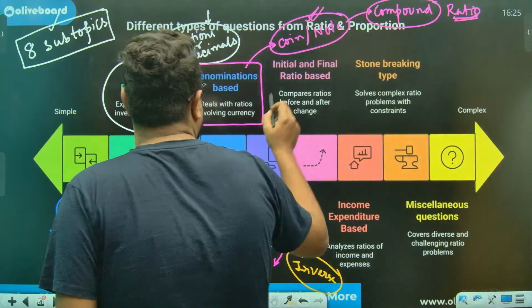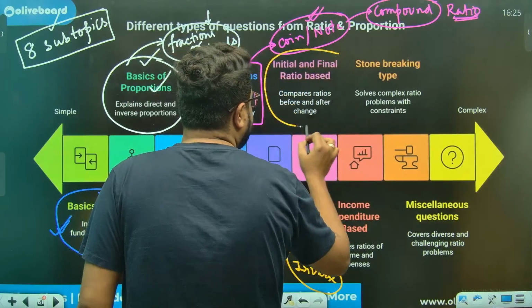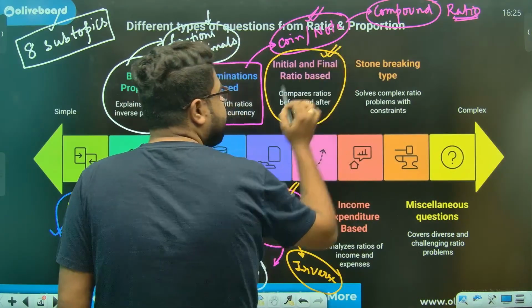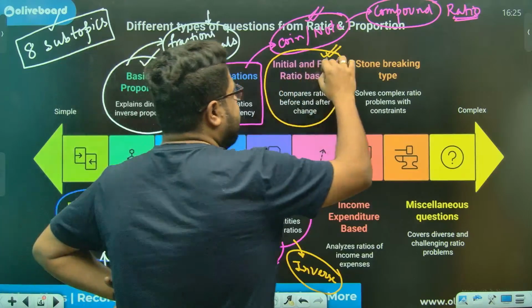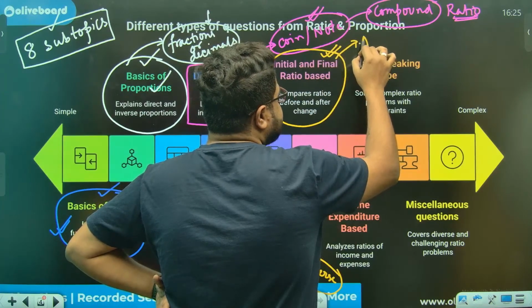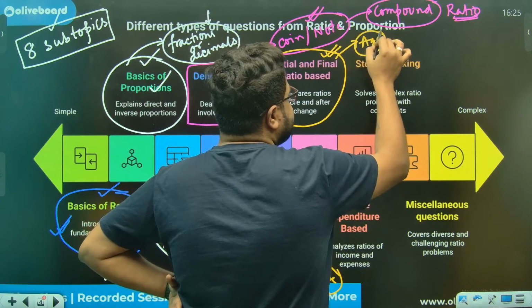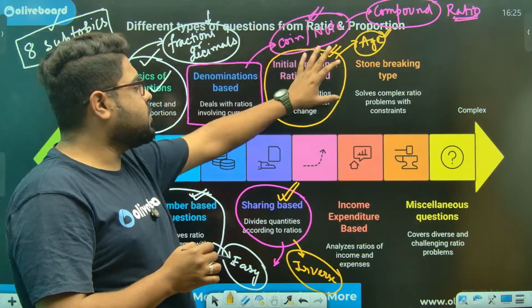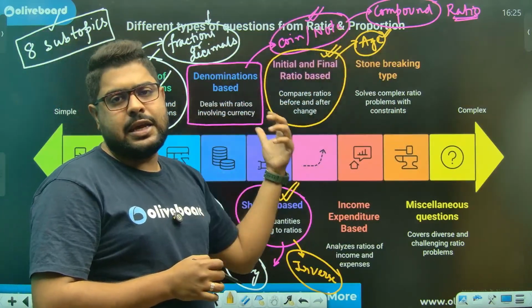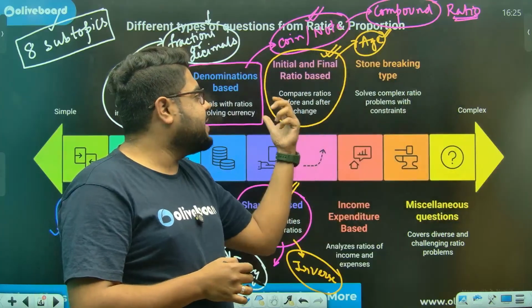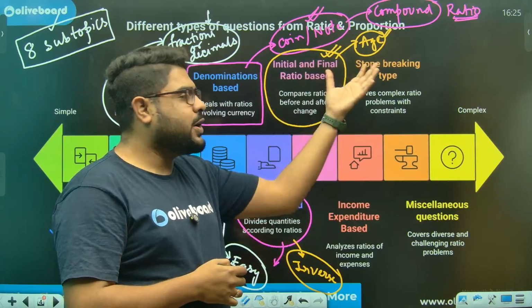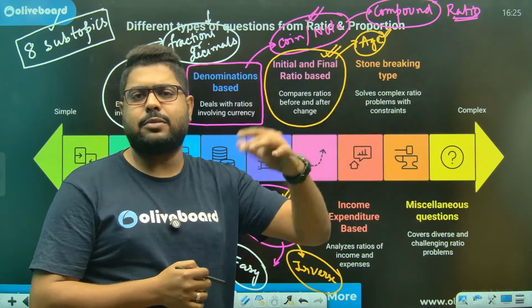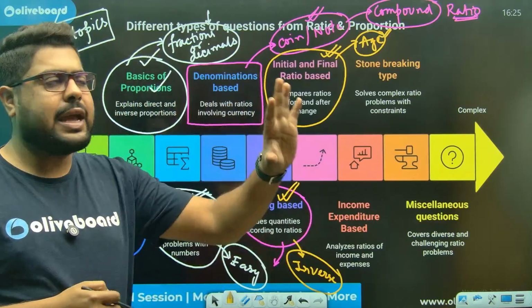Next one, sir, initial and final ratio is given, let's say. Now, this is very prevalent when they ask you questions based on age. So, 5 years ago, the age of A and B was this. 10 years from now, the age will be this. So again, what will be the sum of the present ages? Something like this.